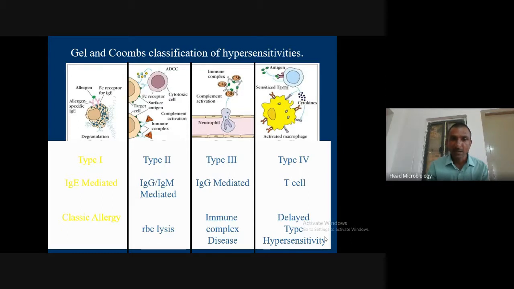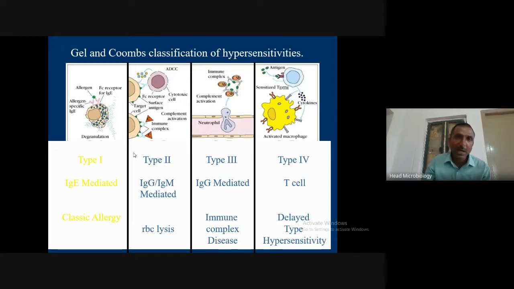Here is the classic allergen. When the foreign particle meets immunoglobulin E, it is an immediate hypersensitivity reaction. When the allergen attaches to the surface of our immune cells, it creates immediate reactions like a classic allergy.